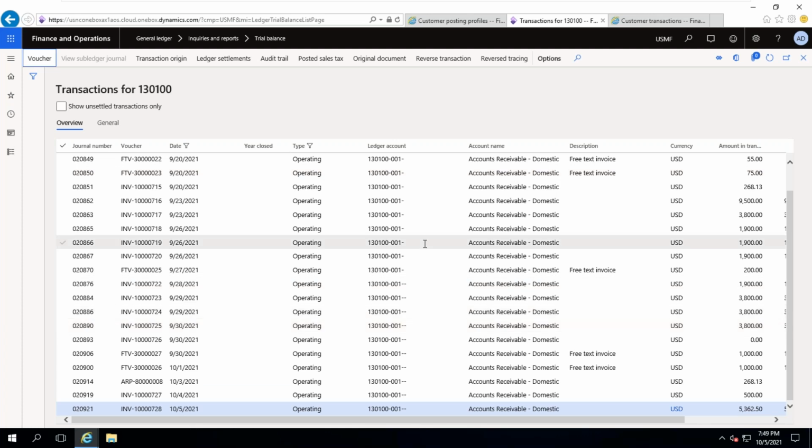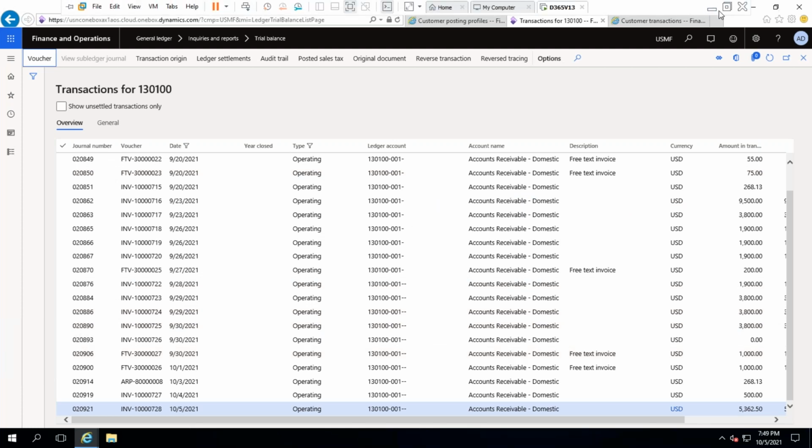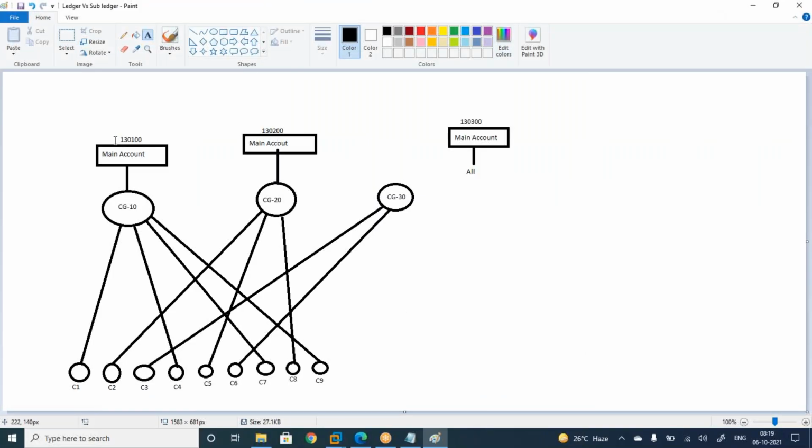Whatever the 30 group accounts are there, all the accounts will be posted here. So in this 130100, it will post these transactions, these transactions, these transactions, and these transactions together to here.